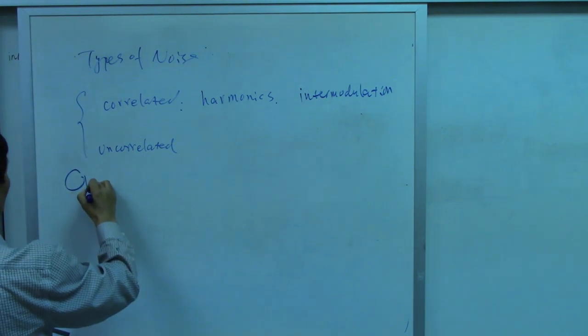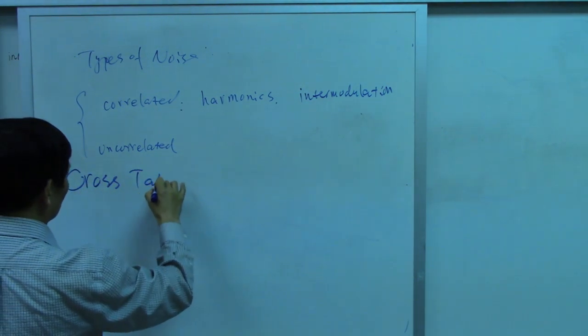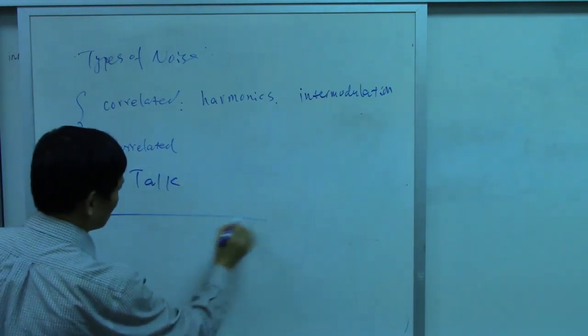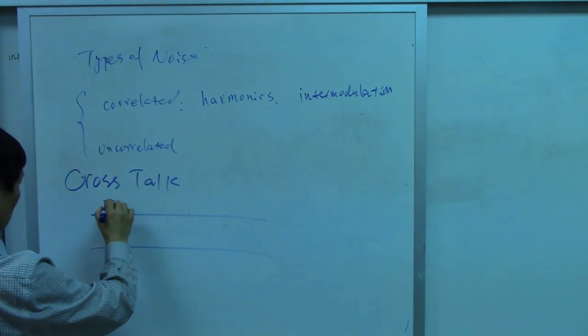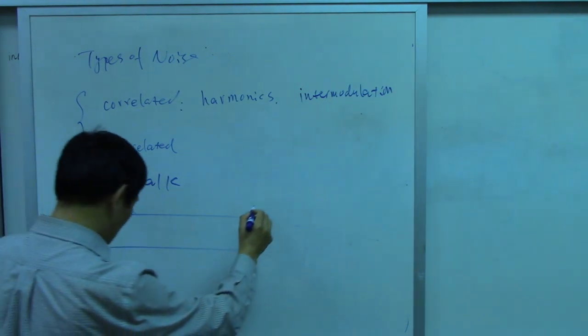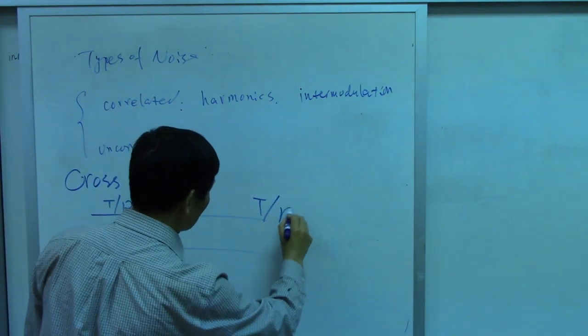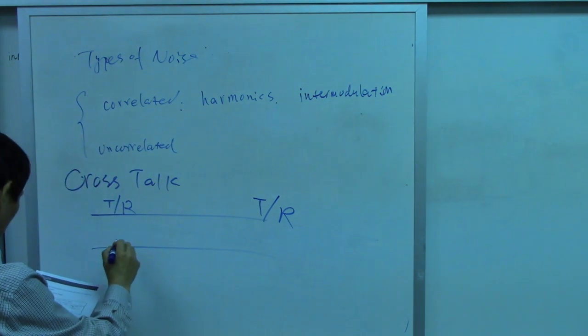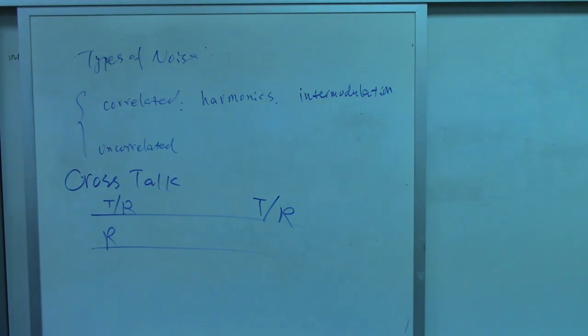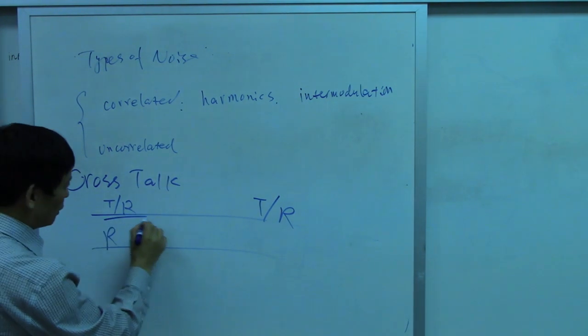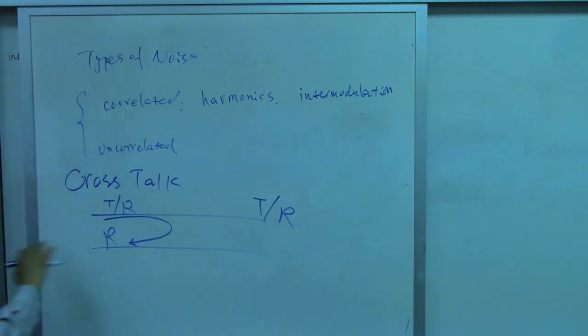Next one is called crosstalk. If we have a communication system like this, this is transmit and receive, so that is T and R, and this one here is T and R, and suppose this one is only R, receive. At this receiver here, the signal may leak from this side.